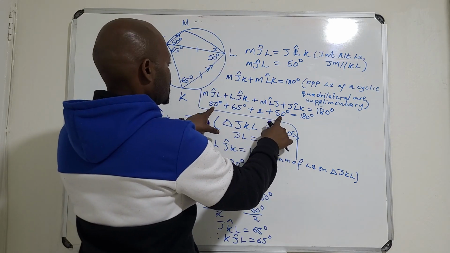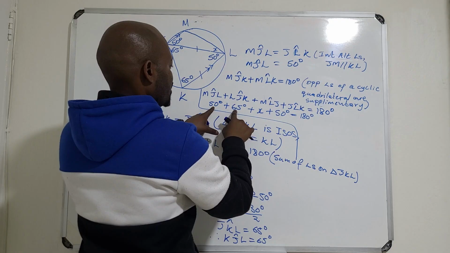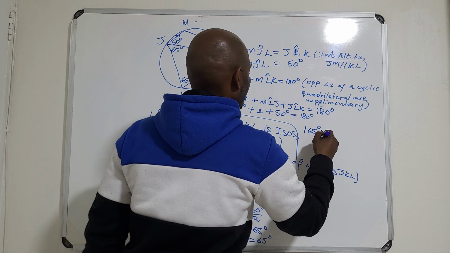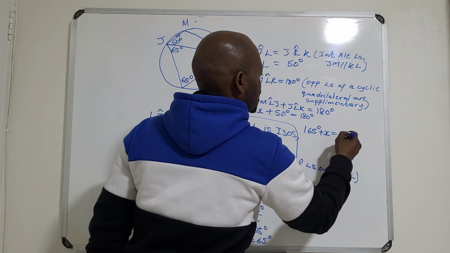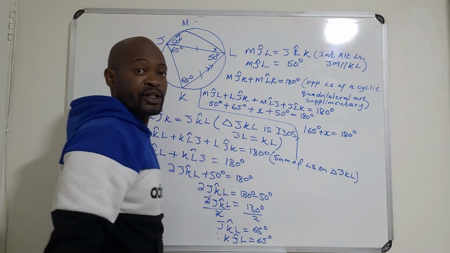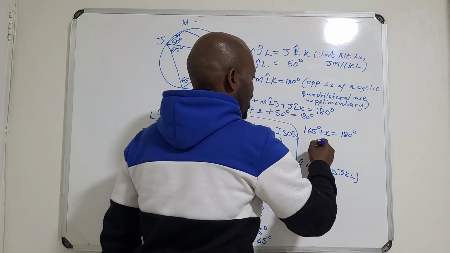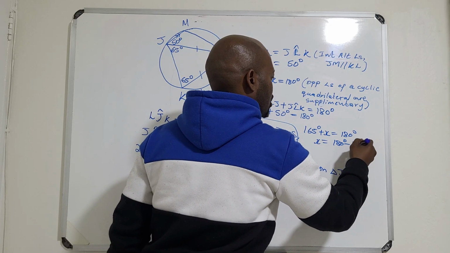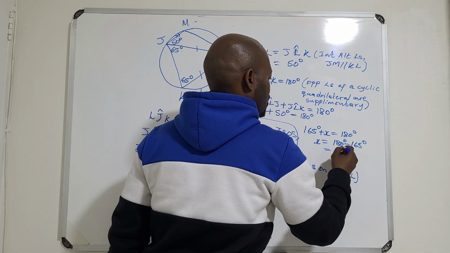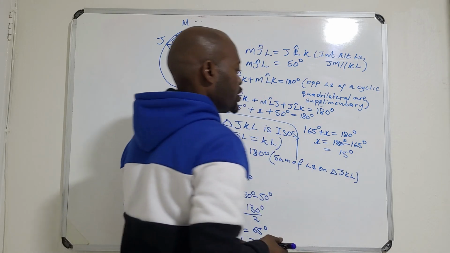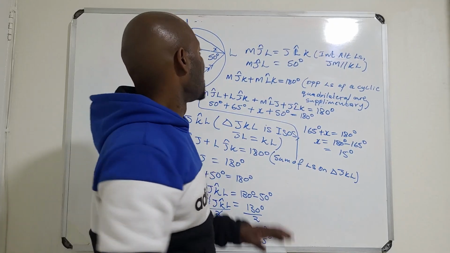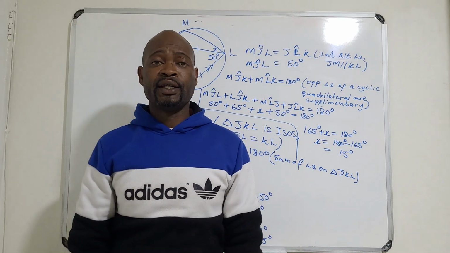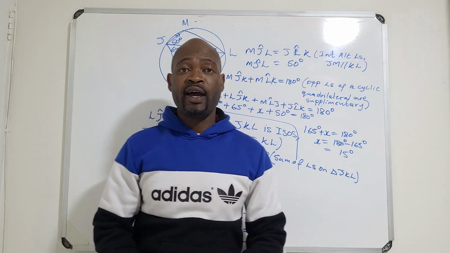Now, this is 100 plus that, which is 165 degrees, plus X is equal to 180 degrees. Now, X is equal to 180 degrees minus 165 degrees, which is 15 degrees. The value of X. Therefore, this is how we can use theorem number 5.